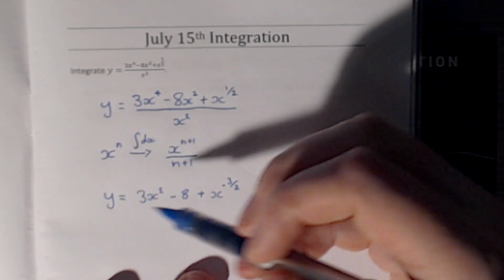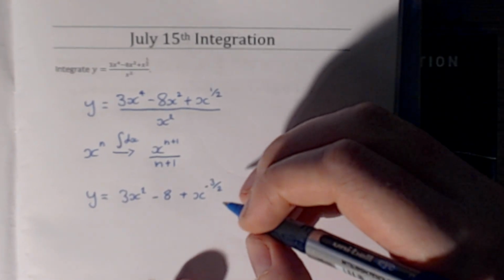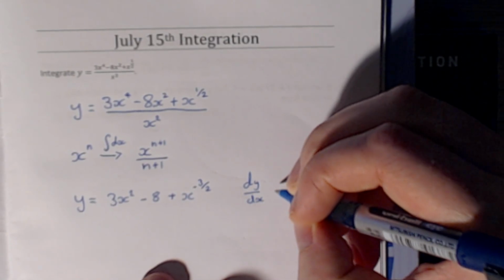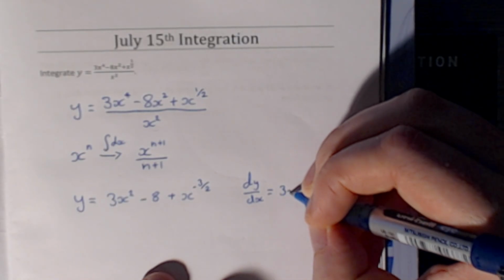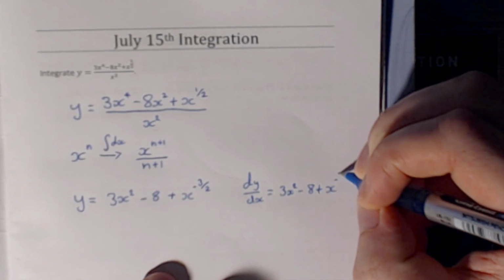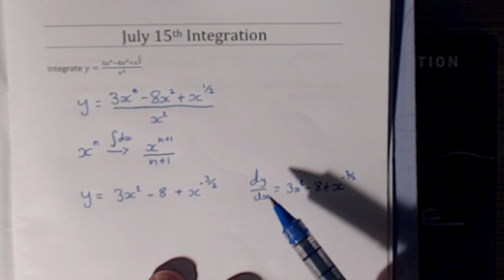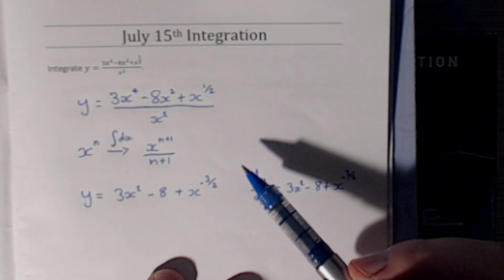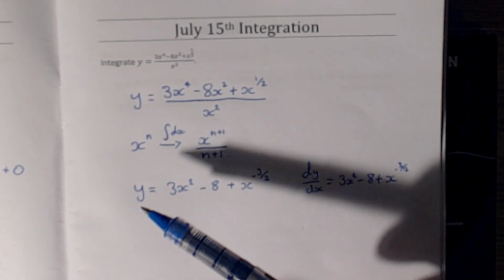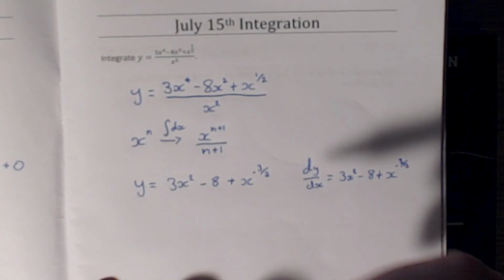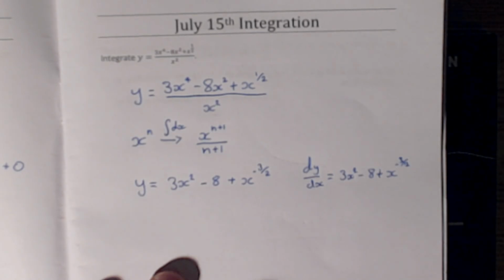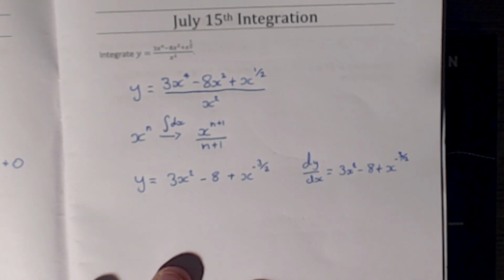This could be dy by dx, so something like dy by dx is equal to 3x squared take 8 plus x to the minus 3 over 2, and we want to be obtaining y. We don't really have a symbol for just the integral of y on its own. Sometimes you can see it written as I for integral, but for now we're just going to integrate this.